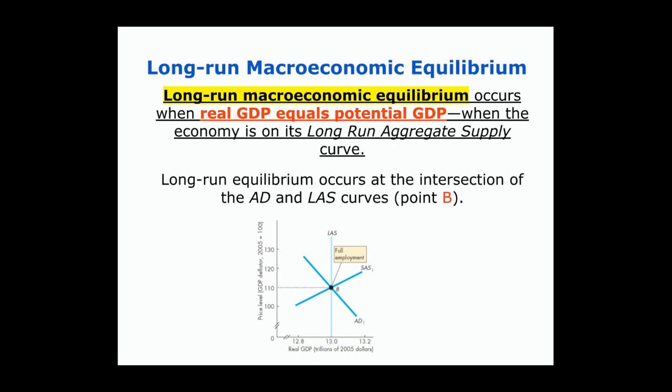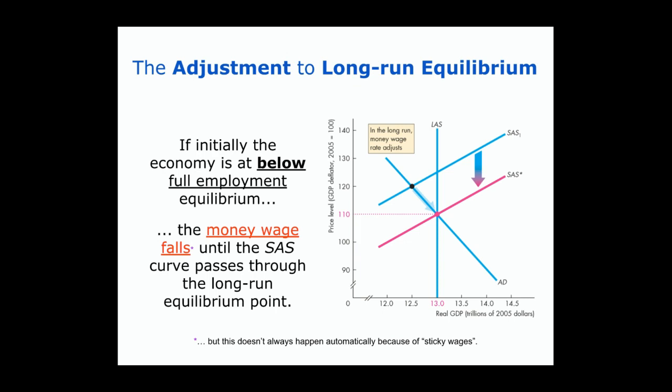This is point B. So how does adjustment work? Well, if the economy is below full employment equilibrium, on the left side, then the money wage rate will fall, and it'll keep on falling until the short run aggregate supply curve intersects the aggregate demand curve again on the long run aggregate supply curve. So we can be below full employment equilibrium, and there's an adjustment that happens.